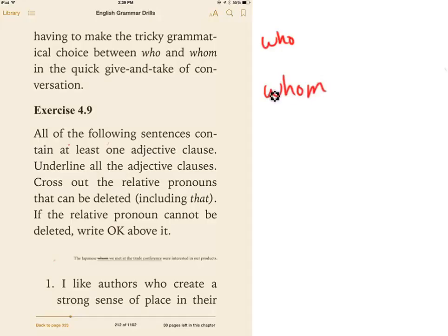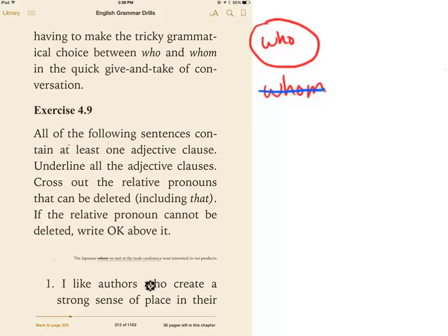I know I can get rid of objects, but I cannot get rid of subjects. I have to leave that in there, but let's see why. I like authors create a strong sense of place. Doesn't make sense. I like authors who create a strong sense of place. So you can see that the sentence just cannot be said without it.